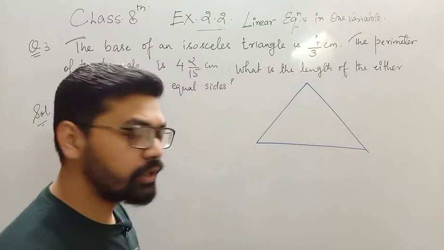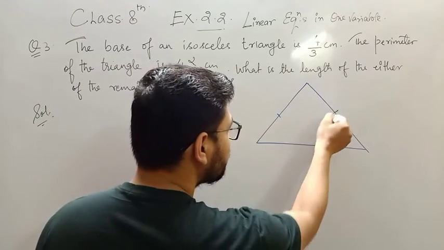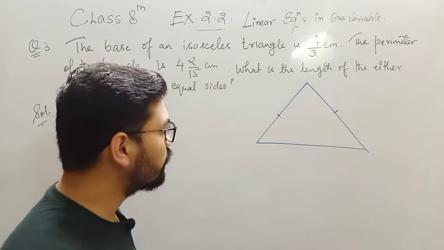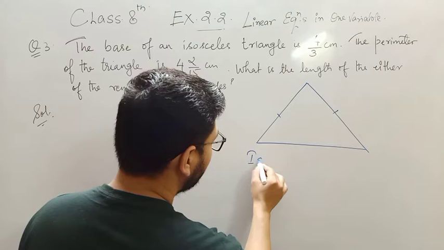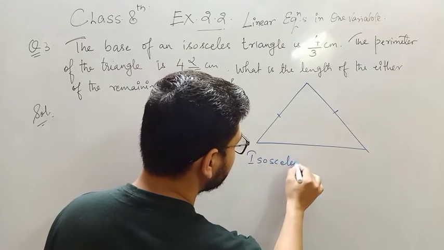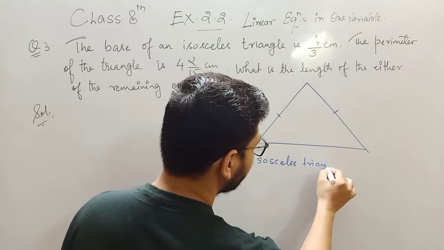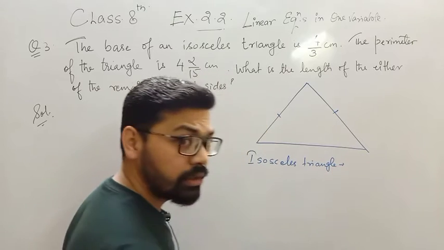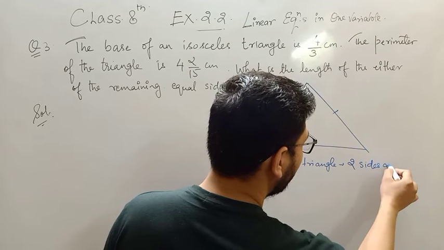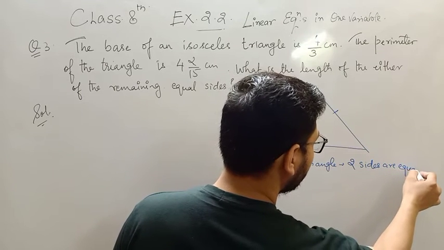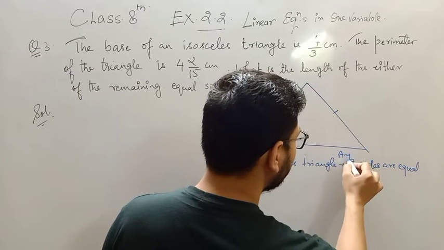So this is an isosceles triangle where this side and this side are equal, these two sides are equal. In an isosceles triangle, two sides are equal, or you can say any two sides are equal.